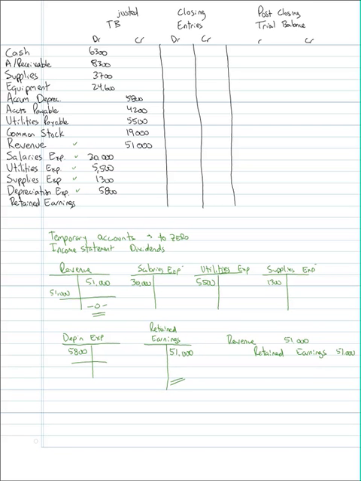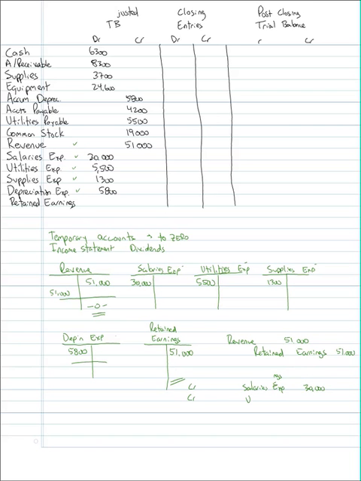The next thing we need to do is clear out all of our expense accounts. Our expense accounts are 4 in total: salaries expense, utilities, supplies, and depreciation expenses. These all have debit balances, so we need to credit each of these accounts. So we're going to credit salaries expense for $30,000.